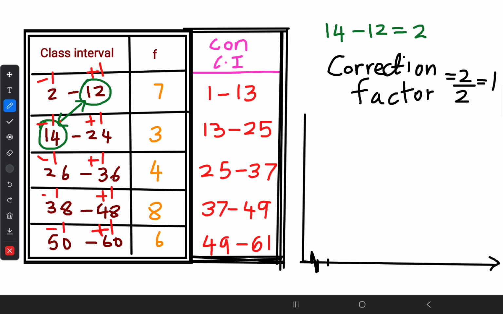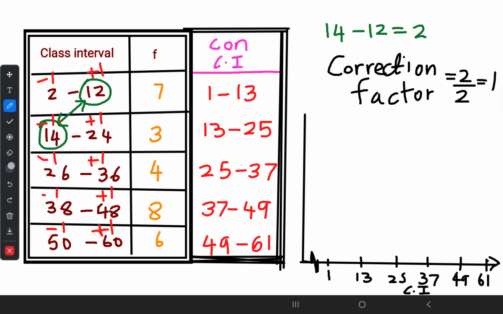Just a little away from 0. 1 to 13, 13 to 25, 25 to 37, 37 to 49, 49 to 61. These are our class intervals.